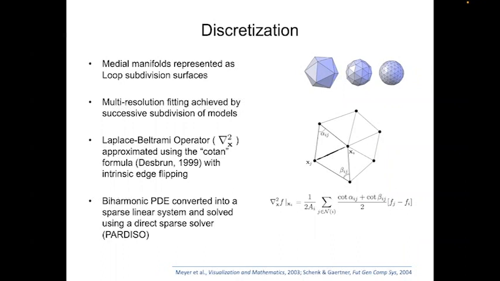And to deal with the quality of the triangulation, one method that can be used is to do some edge flipping, like an intrinsic Delaunay triangulation of your mesh as you're computing this, and that improves the accuracy of the LBO approximation.